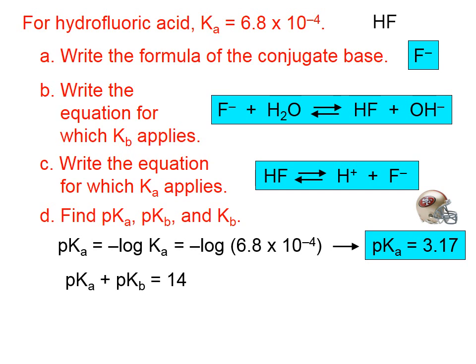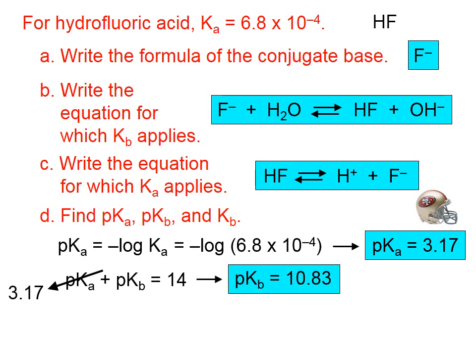Okay, now let's find the pKb. Well, the sum of those two is 14, and we just figured out the pKa, so the pKb is 10.83. And we have one more thing to find. We have to find Kb, and there are actually 2 ways we could do this. The first way would be that the product of Ka and Kb is 1 times 10 to the negative 14th.